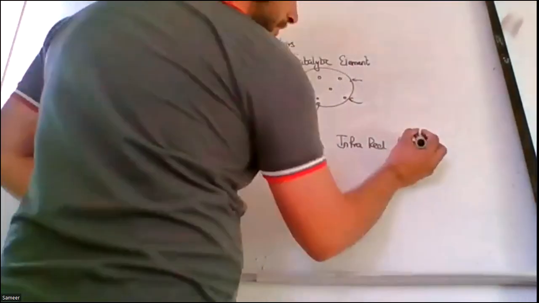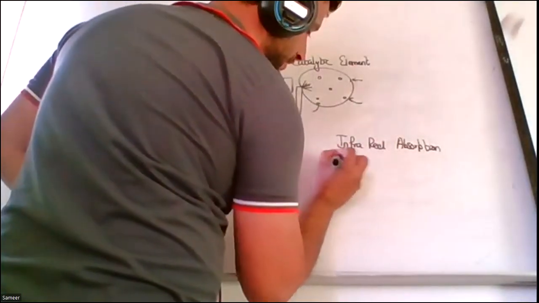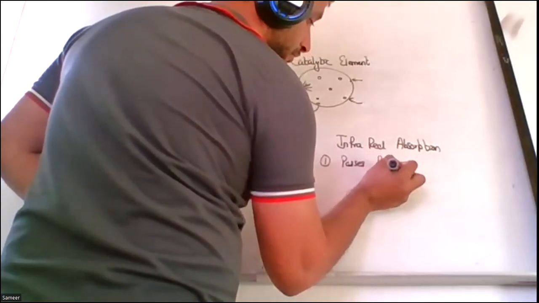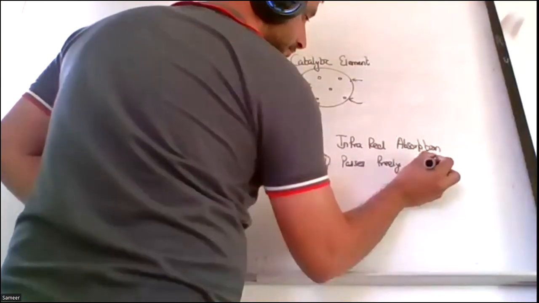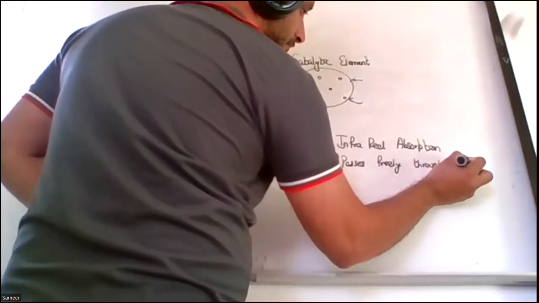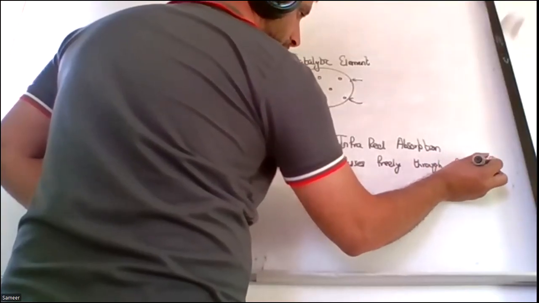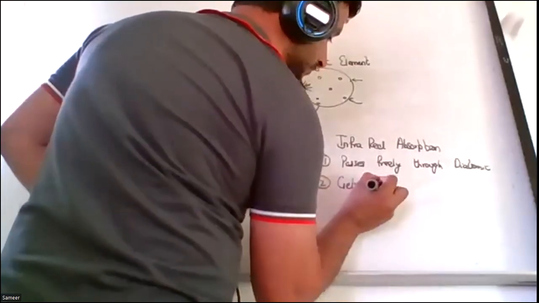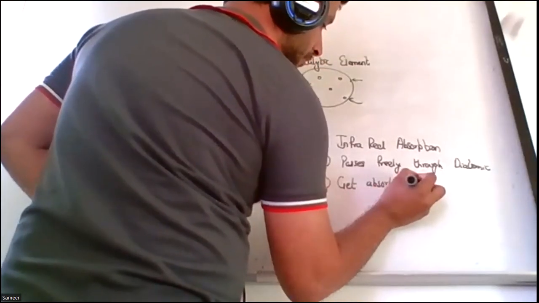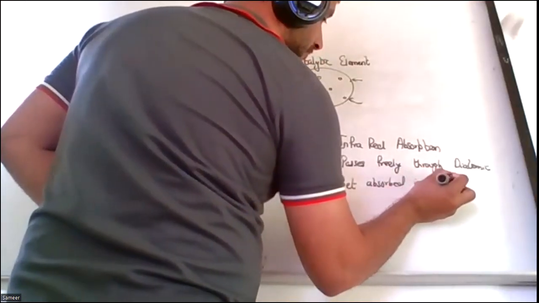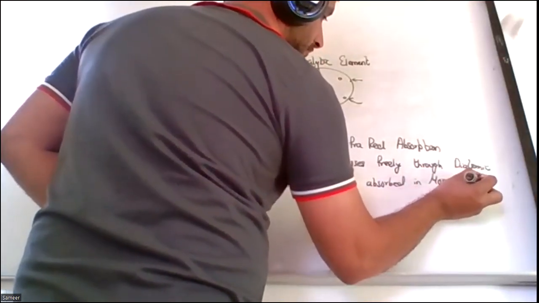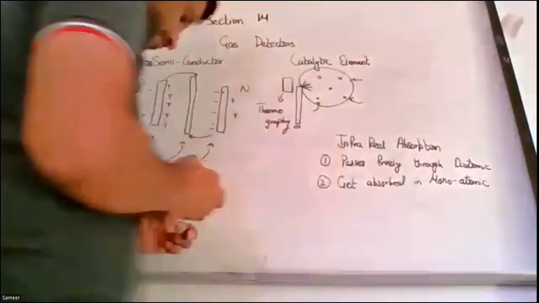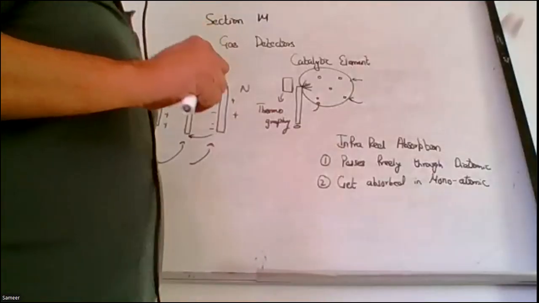Infrared passes freely through diatomic molecules and gets absorbed in monatomic.